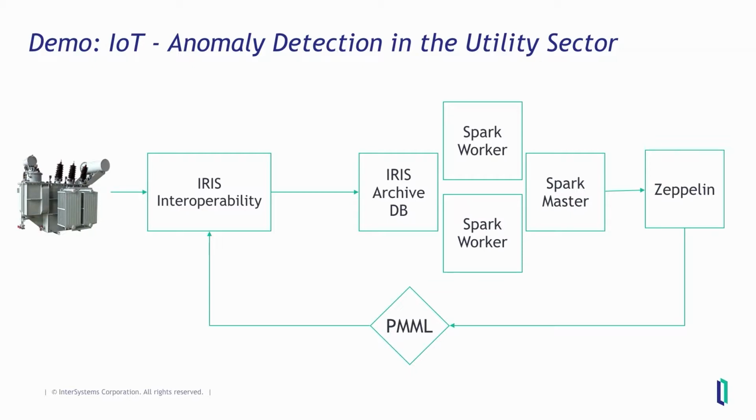So there is the IRIS interoperability container that's receiving the signals and doing everything that I just discussed, and then it archives the signal on the IRIS archive database. It's another instance, it's another container, and it could scale independently, use sharding or not, you get it.